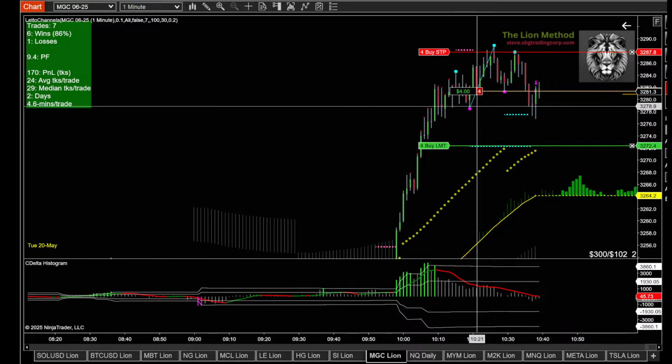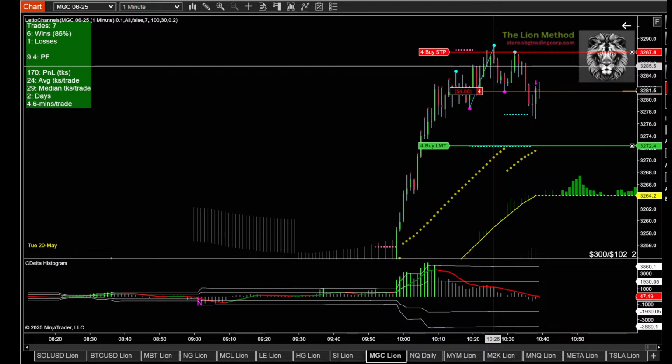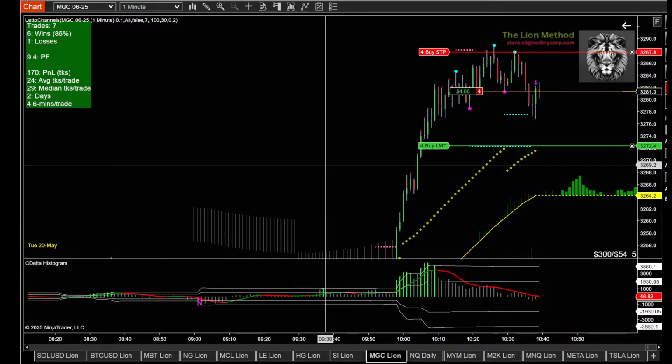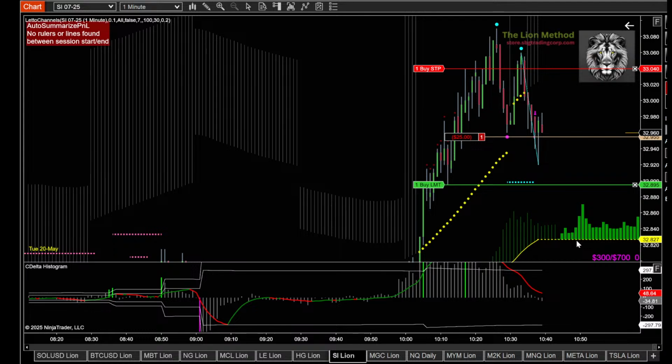We're going to go for this target here, guys, in our gold short. See if silver can get on board.